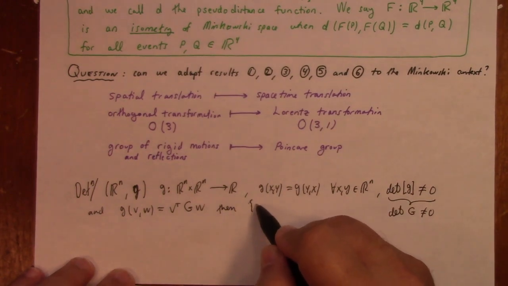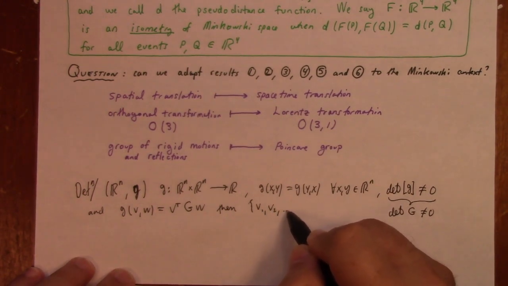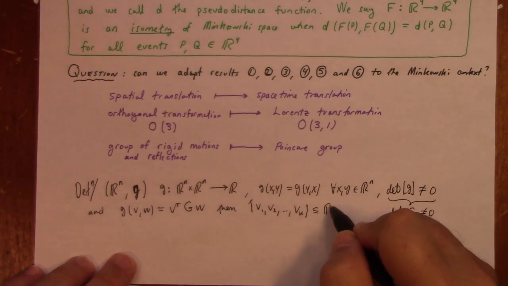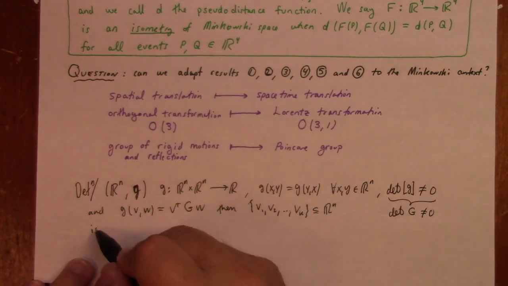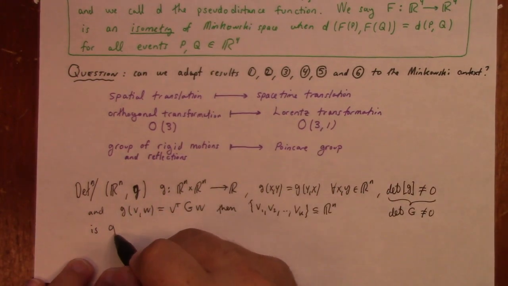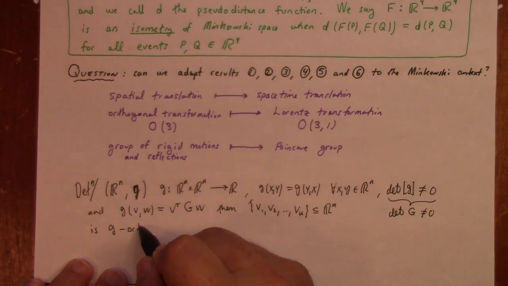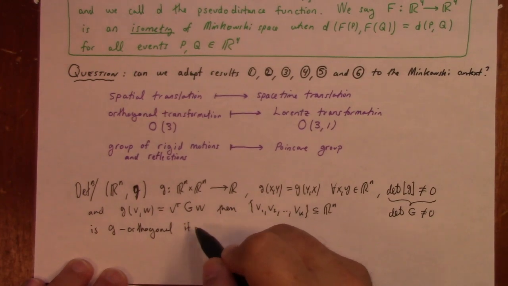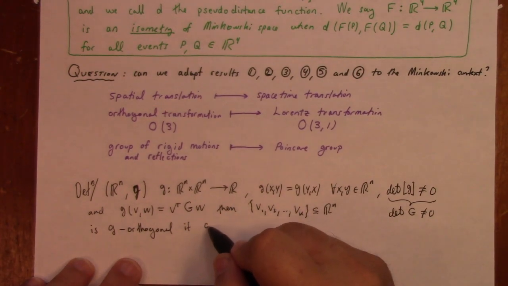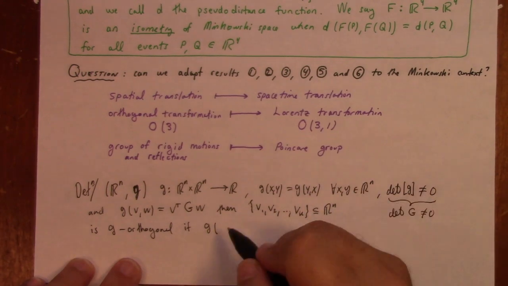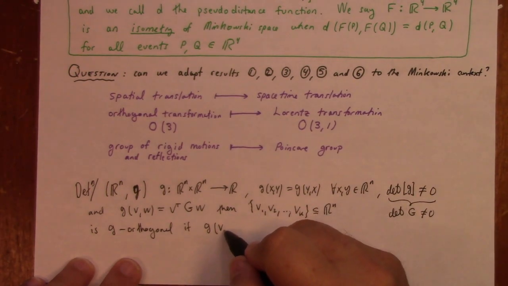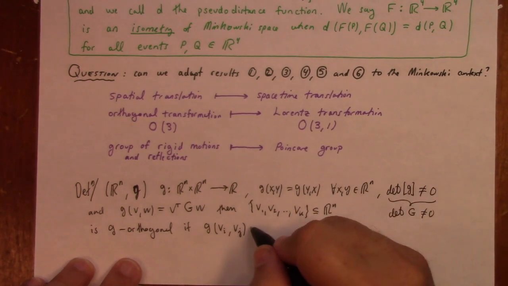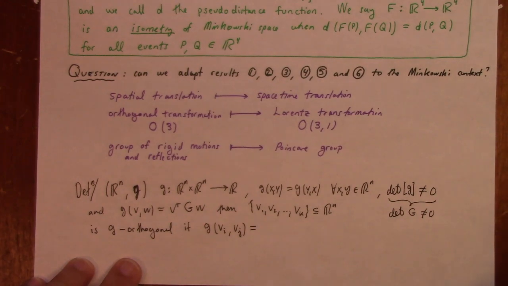Okay, then you can talk about a set of vectors v1, v2, dot dot dot, vk, a subset of vectors in R^n, is G orthogonal if I think the definition would be G of v_i, v_j was equal to, and here's where I'm going to get into trouble.